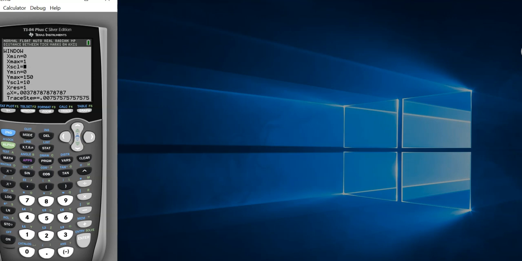So we'll go from 0 to 1, maybe with a scale of 0.5, and y from 0 to 20, by ones. And we hit graph.